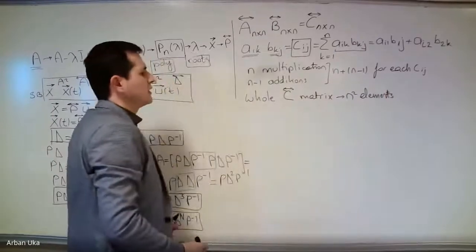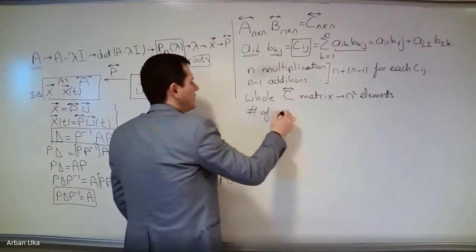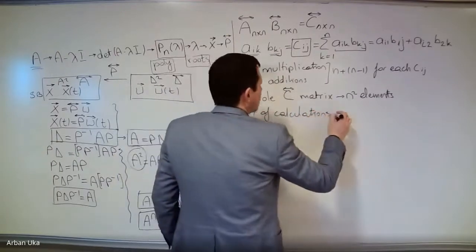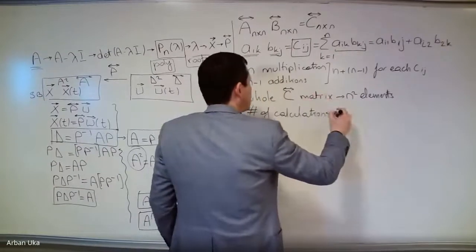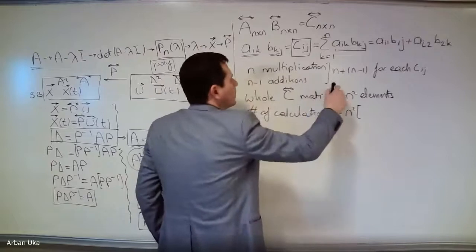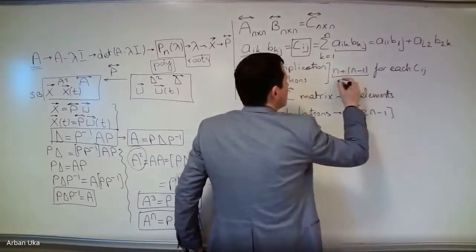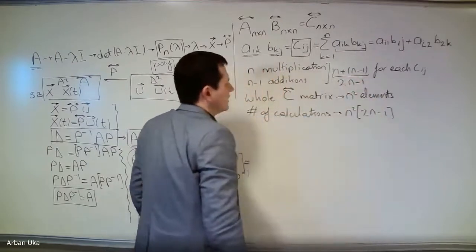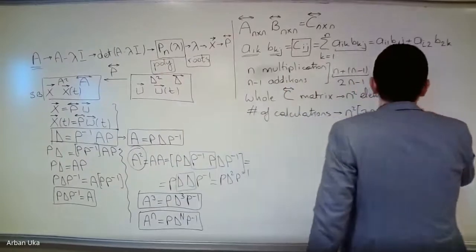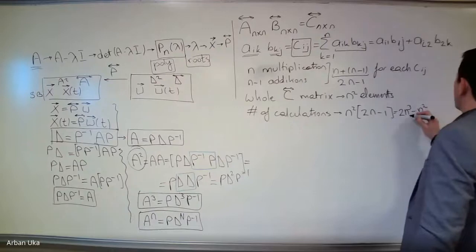So if it has n squared elements, then the total number of calculations is n squared times 2n minus 1, because this number is 2n minus 1. So in total, we get 2n to the power 3 minus n squared.